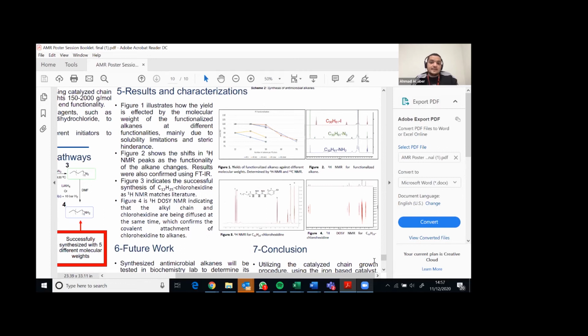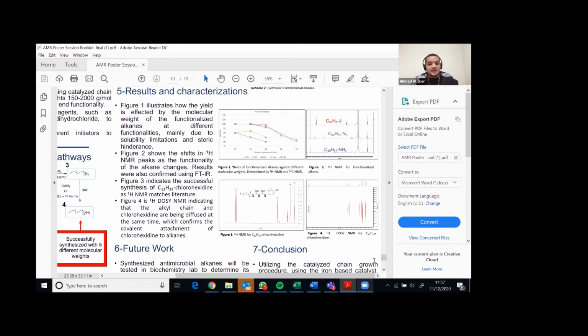Here we can see figure 1, where we have the carbon number or the molecular weight against the yield at different molecular weights in different functionalization steps, and we can see that the yield is decreasing as we increase the molecular weight. In figure 2, we can see a proton NMR to confirm the change of the functionality in each step.